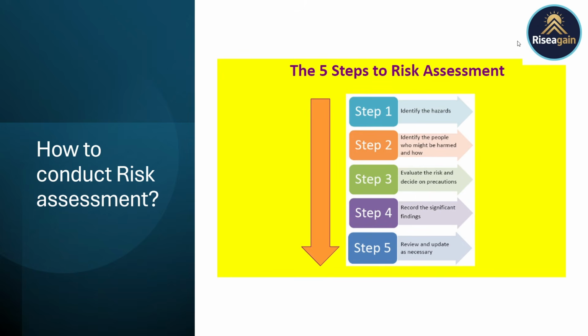If you go to site and someone tells you to identify the hazards, you cannot just say hypothetically, oh, this is too risky. No, we cannot say this is a hazard. To identify hazards, there is a process, and you need to apply that process. Then you can understand whether that is exactly a hazard or not.